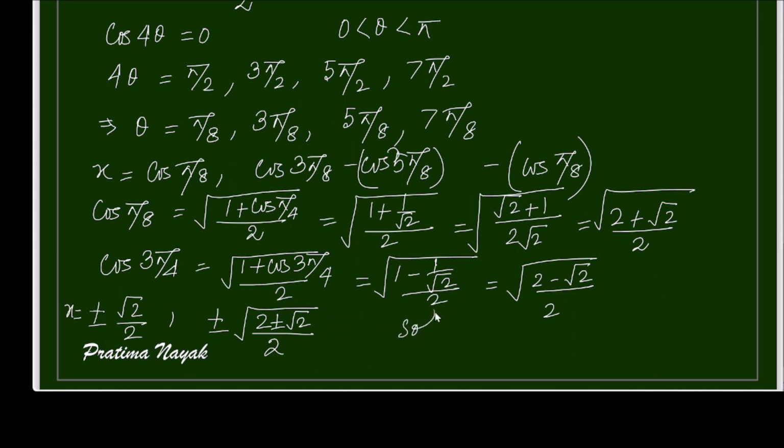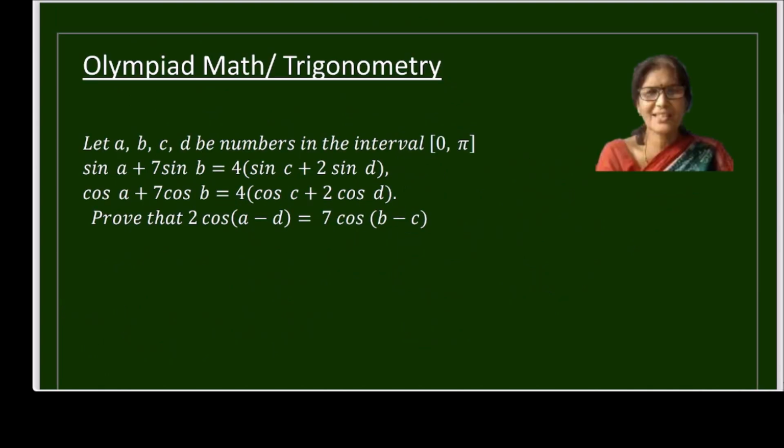These are the solutions. Next question: if a, b, c, d are numbers in the interval 0 to pi, sine of a plus 7 sine of b is equal to 4 times sine of c plus twice sine of d.